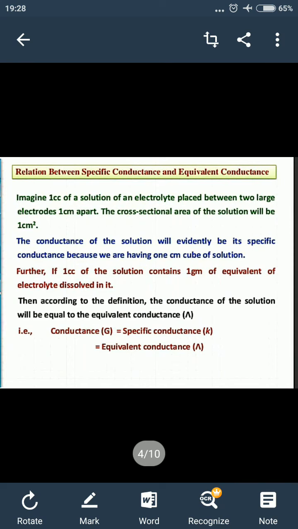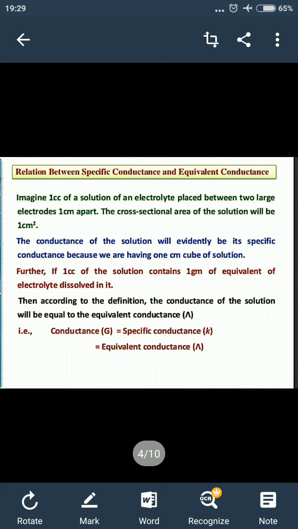Suppose we have 1 gram equivalent of electrolyte dissolving in a solution, then the total conductance of the solution is known as equivalent conductance.